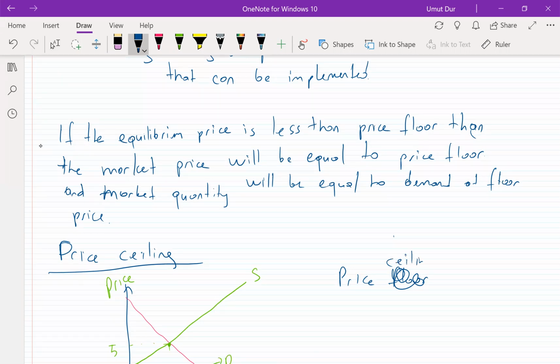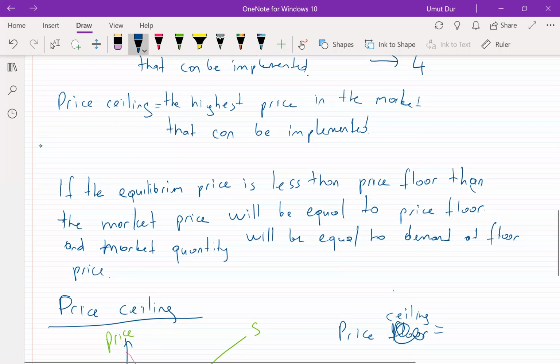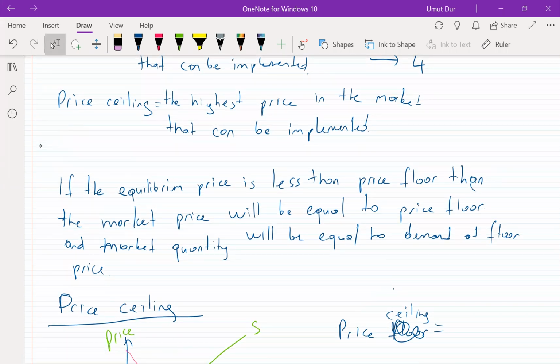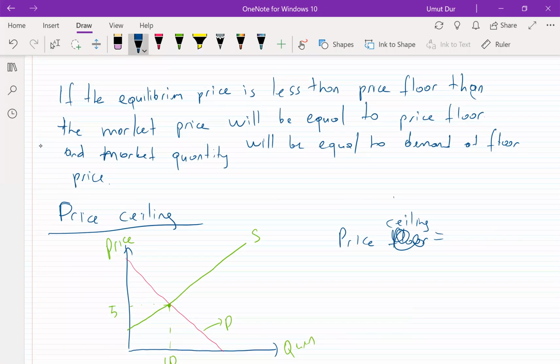The price ceiling is the highest price in the market that can be implemented. Let me start with the easy case.